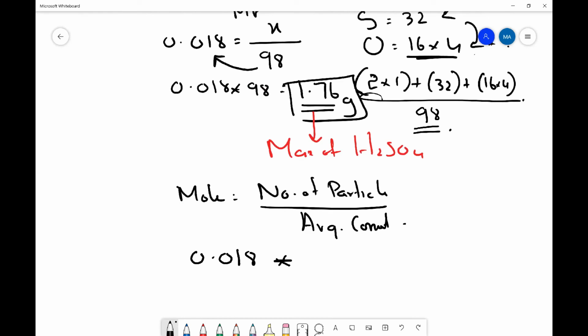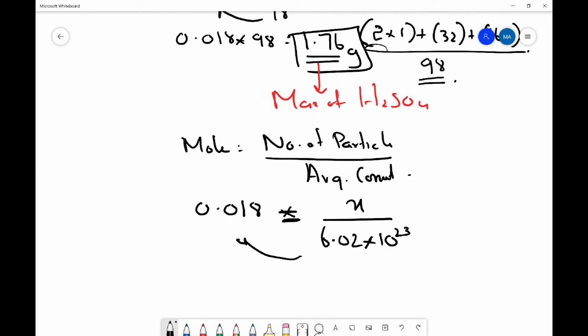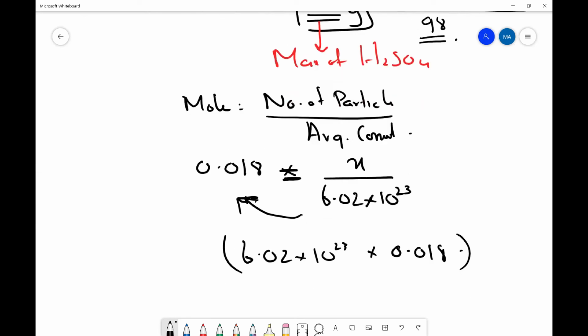You can write X for the number of particles. Avogadro's constant was 6.02 times 10 raised to the power of 23. Cross multiplication, use a calculator: 6.02 times 10 to the power 23 multiplied by 0.018. You're going to get the answer.